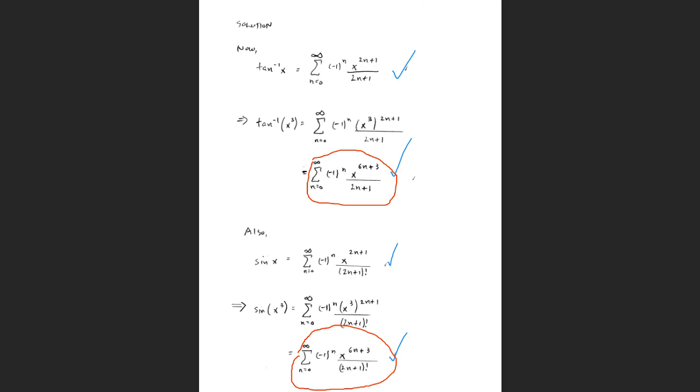Okay, let's substitute these Maclaurin series in the integrand. So here we are. There is the arctangent of x cubed and the sine of x cubed, and I'm substituting in the corresponding Maclaurin series.